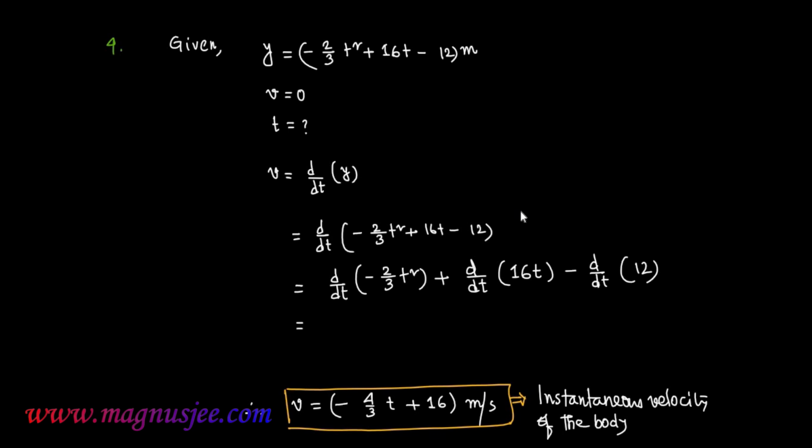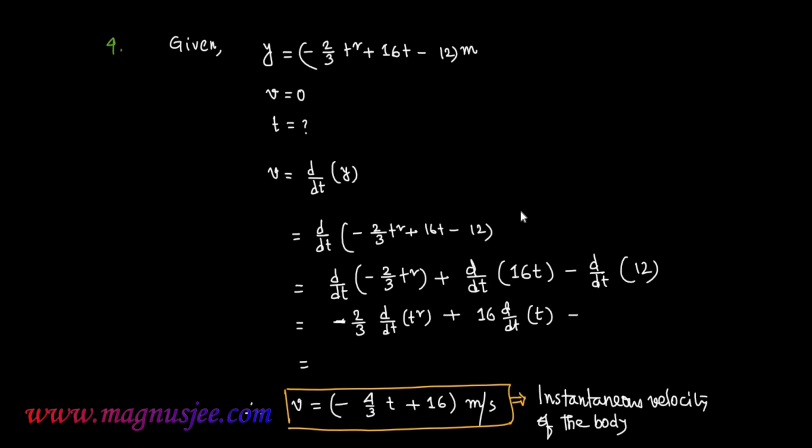Now what we have to do? After that what we have to do? Sir, minus 2/3 d by dt bracket t square. Very good. That means minus 2/3 is constant, that can be brought outside the d/dt operator. Then plus 16 into d/dt of t, not into t, because d/dt is operated over t.